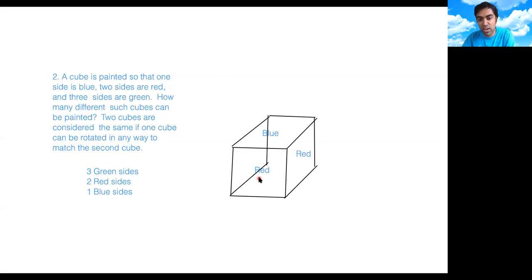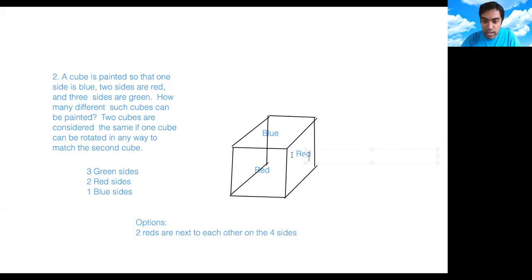As long as those 2 are next to each other along these 4, it's all the same. I can always rotate the 2 reds such that this edge is on any of these 3 corners, right? So let's always have the blue on the top. Then the 2 reds are on the 4 sides, next to each other. So this is one possibility.